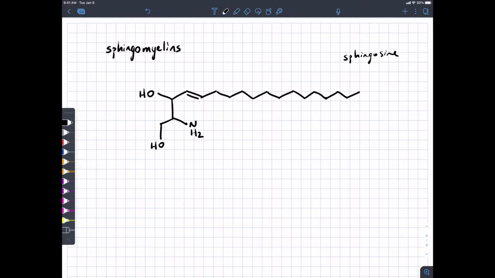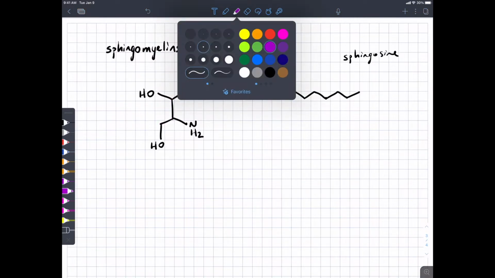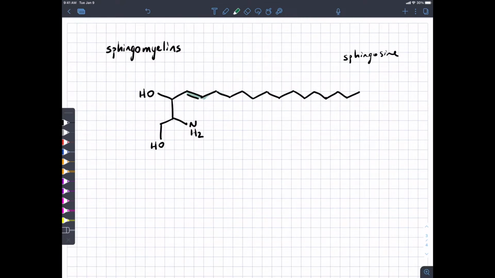Can you see the structural resemblance to glycerol, at least in this portion? You sort of have a 3-carbon chain with groups on it, and there's a nonpolar tail here. So in the case of sphingomyelins, the sphingosine precursor comes with a nonpolar tail.